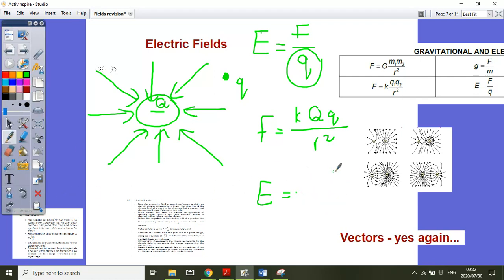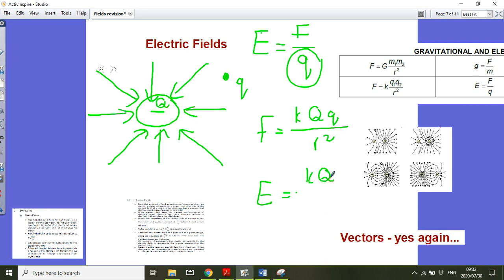I'm just going to write it neatly: kQ over r squared. Now this one, when you're using this equation, is when you're talking about the charge that is creating the field. So it would be like the Earth in a gravitational field. So this charge is causing the field, and it has a field in this space around it.